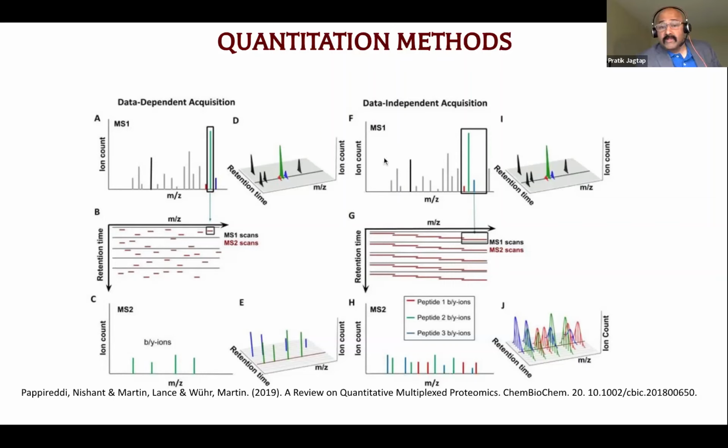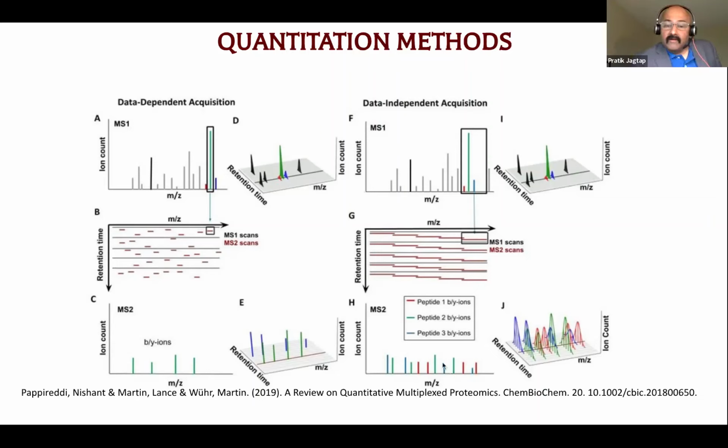While if you were to use data independent acquisition, you're not only focused on a single precursor ion, but you're looking at a much larger swath to acquire the data. You end up acquiring this data and hence generate multiple MS2 spectra, and you do it in a sequential manner, and you end up generating a really complex spectrum of sorts.